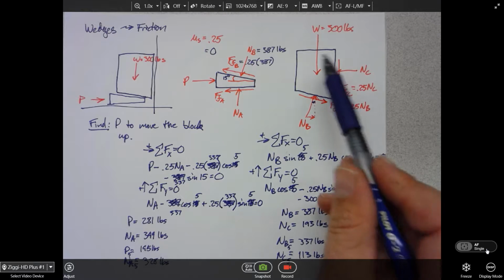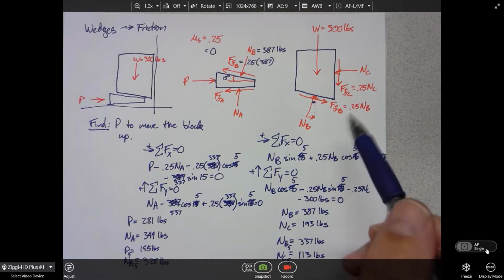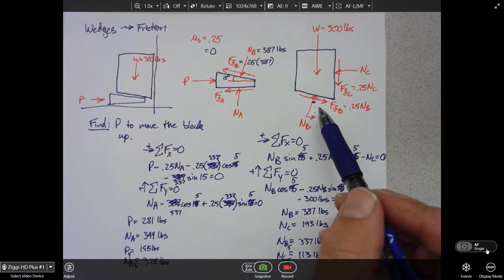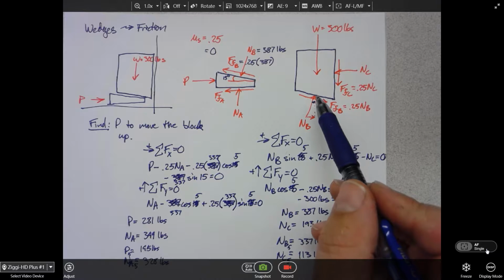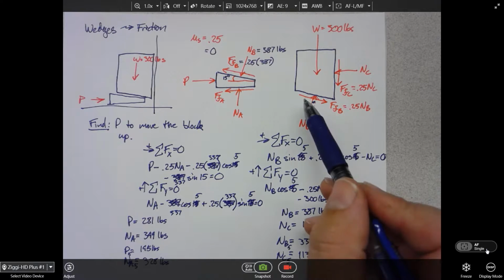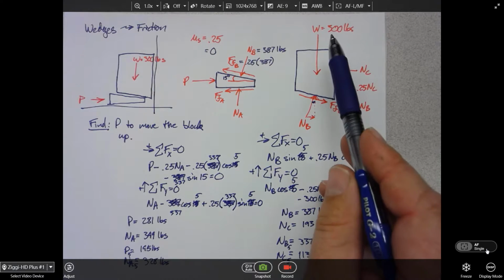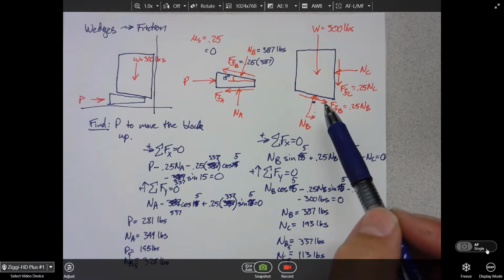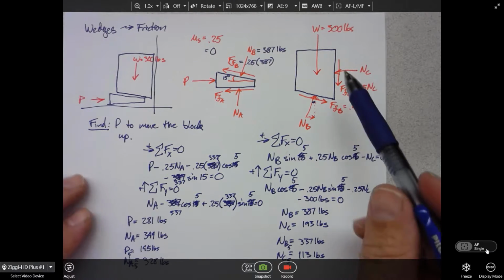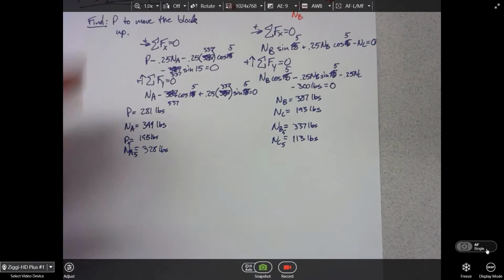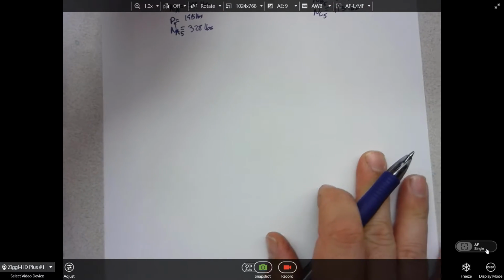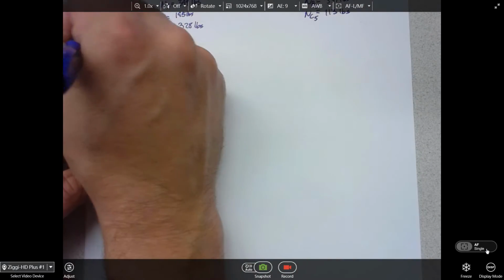If the coefficient of friction becomes 0 on this guy, there's no friction force, right? So there's just this normal from C, there's the weight of 300, and there's the normal at B, right? Okay, so let's do the problem with no coefficient of friction. That's probably going to be the fastest way to get to what I want to demonstrate here.